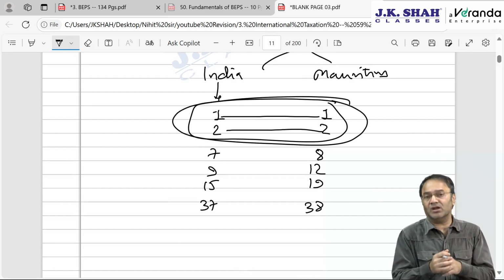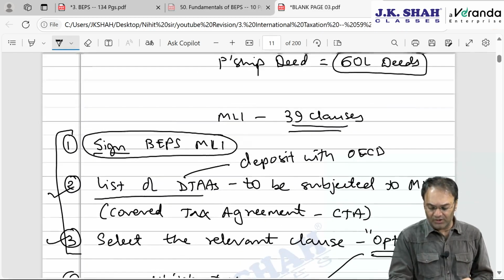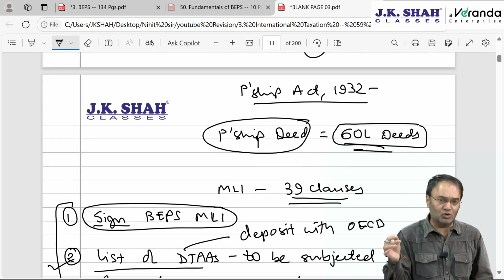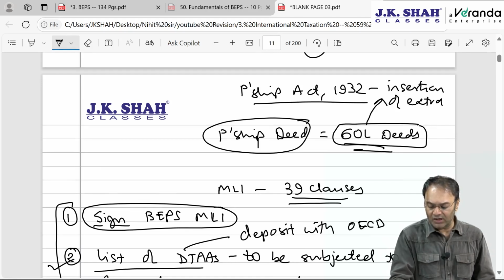According to this action plan, the treaty will not be modified, the treaty will remain intact. The way here, 60 lakh partnership deeds will not be changed, no changes will be made, but those 60 lakh partnership deeds will be subject to amendment, subject to insertion of the extra clause, in that partnership act.